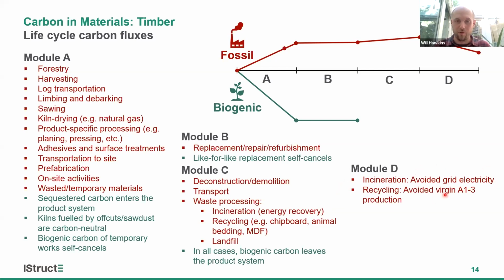And if we're recycling, we're avoiding some A1 to 3 production as well. So we have negative fossil emissions in module D, and we have negative or a re-emission of the biogenic carbon. So we end up with a graph that looks something like this, where over the full life cycle we have a net positive fossil emissions and neutral biogenic emissions.